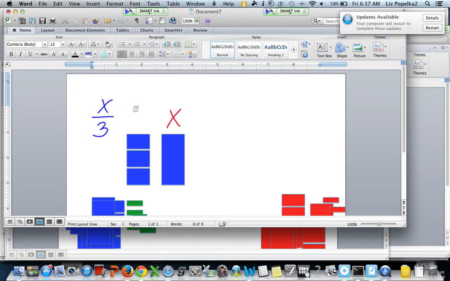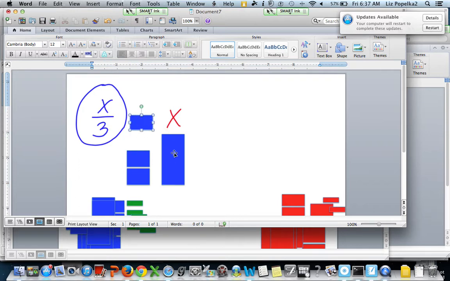So I am going to make a model of x divided by 3. Remember that fraction bar is another way of saying divided by. So this is my whole variable x right here. Hopefully everybody agrees with me. So an x divided in 3 pieces would look like this.